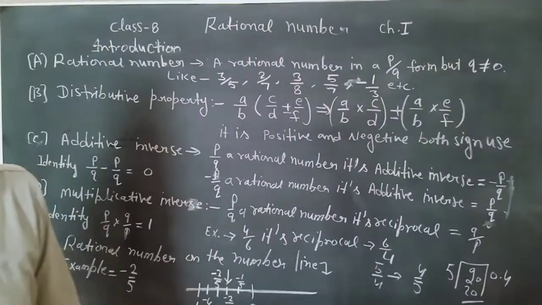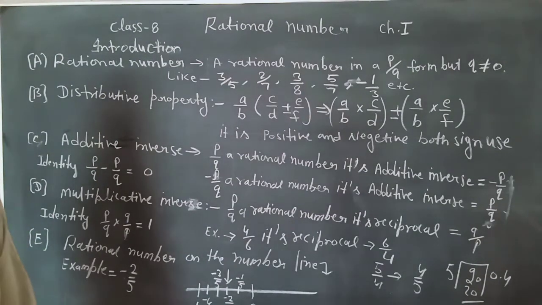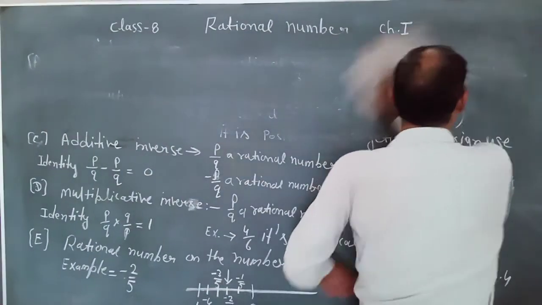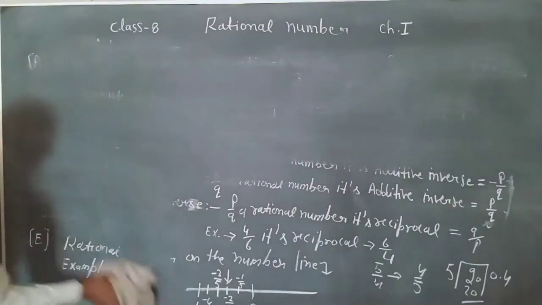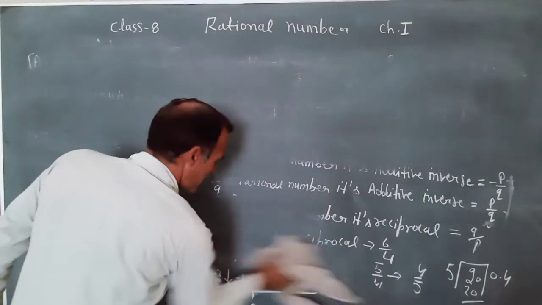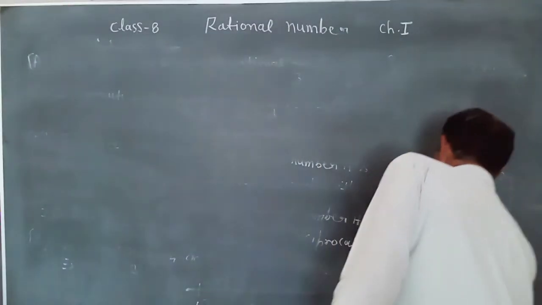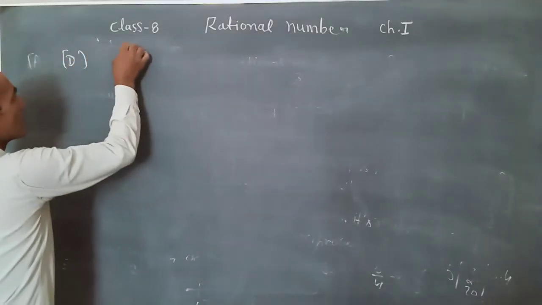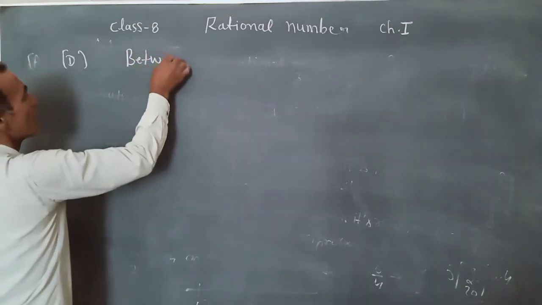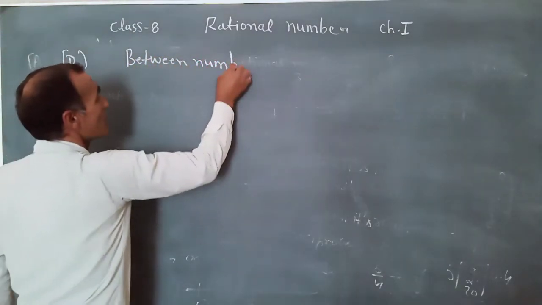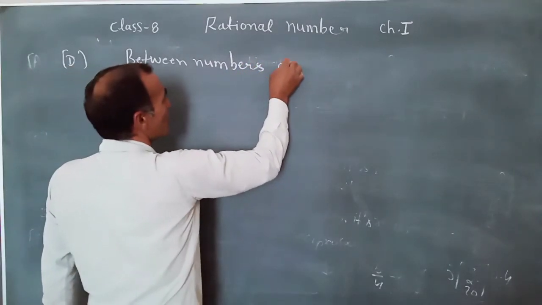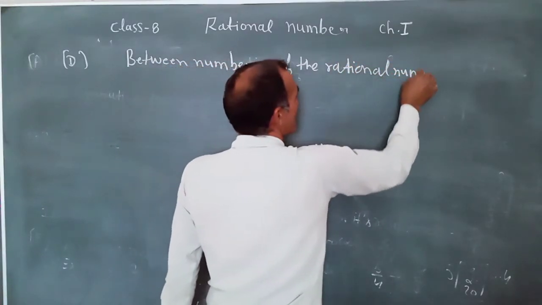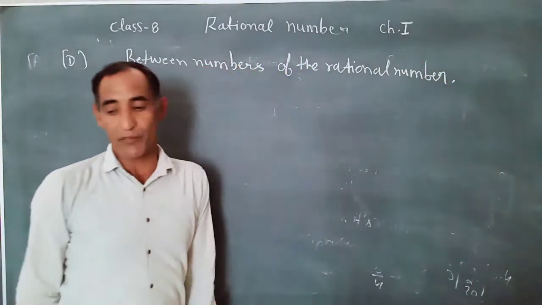And our last topic is rational numbers between rational numbers. It is the last topic of chapter 1.